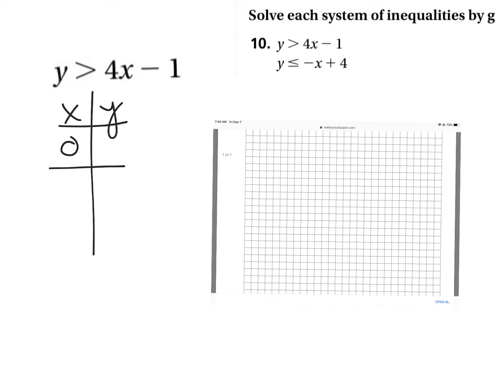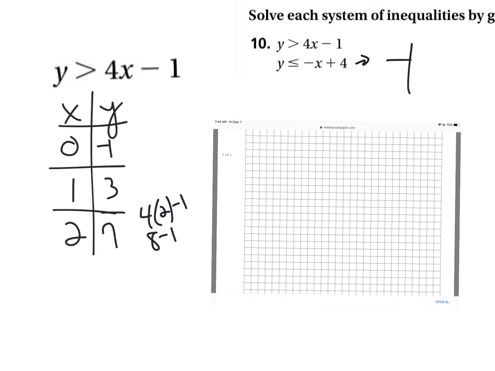There's no fractions here, so if you want to use 0, 1, and 2, it'd be 0, negative 1, 1, 3, and 2, 7 would be some points on that one. On the other one, if you graphed that, it would be 0, 4, 1, 3, and 2, 2.